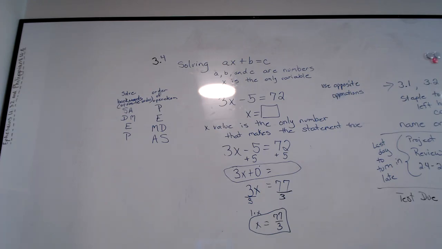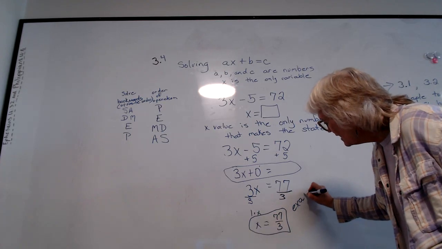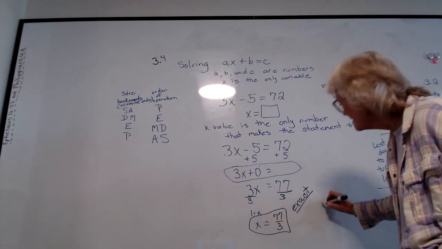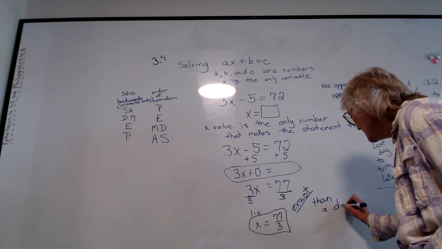Does it look nicer? Well, it's also usually exact. Now, because this is 3, it would keep going. Well, what did you get in your calculator? 25.667. Well, and it goes on for 6. We can't write the exact number because 6 goes on forever. So actually, this is more exact. A fraction is more exact than a decimal.